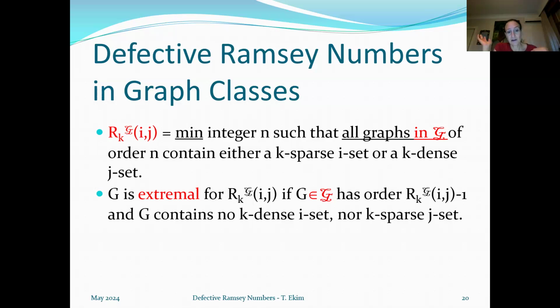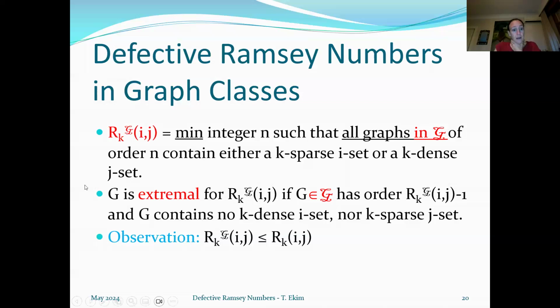But there are thousands of graph classes defined for different motivations, let's say. Okay, so as we have observed for classical Ramsey numbers, the same applies to defective Ramsey numbers. When we restrict our attention to a given graph class, the related defective Ramsey number is less than or equal to the not restricted case.